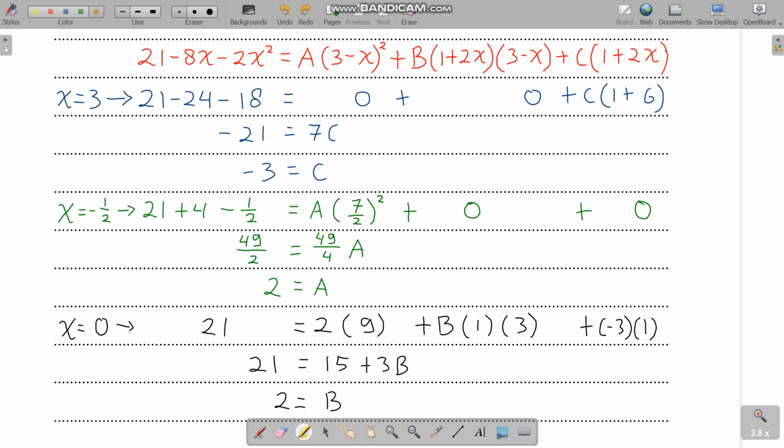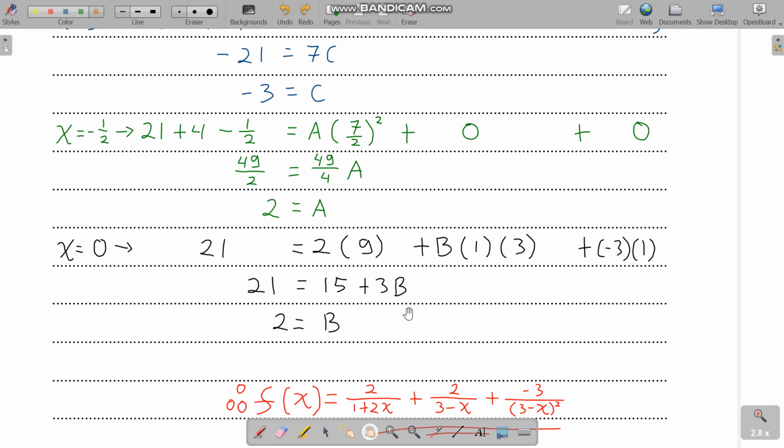And from the last term, if you plug in 0, we get just 1, so 1 times C, and C happens to be minus 3, so minus 3 times 1. So we have 18 minus 3, which is 15. Moving to the left, 21 minus 15 is 6, so B must be 2.